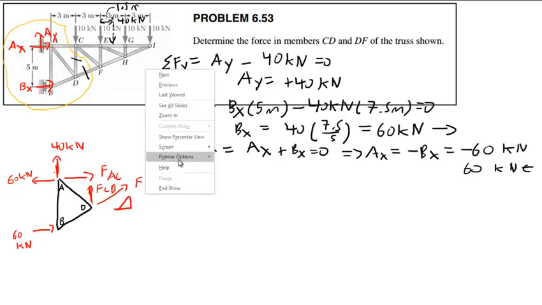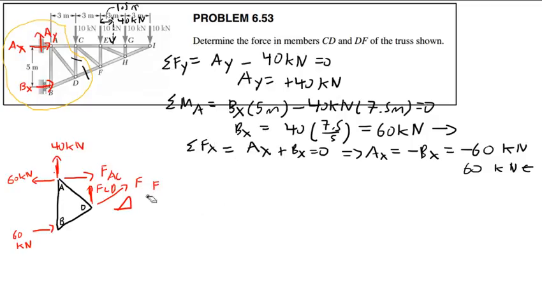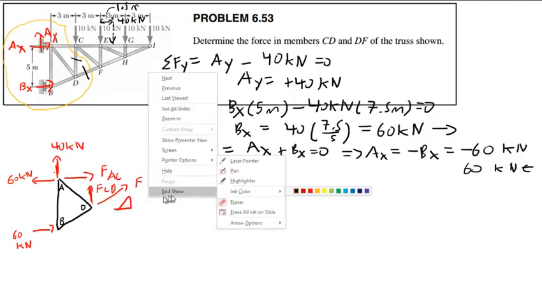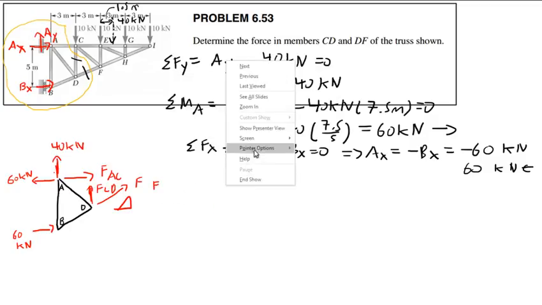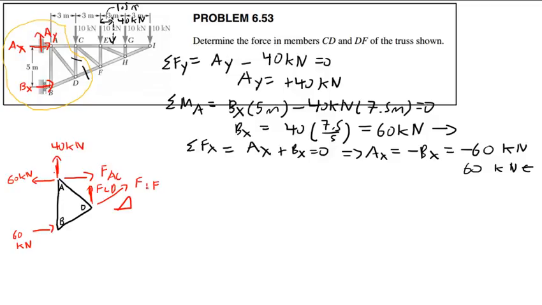Yes. FDF, this one here. And the force triangle is going to be 12 by 5, and what is that? Yeah, 13. So it's one of our special triangles. Like so.